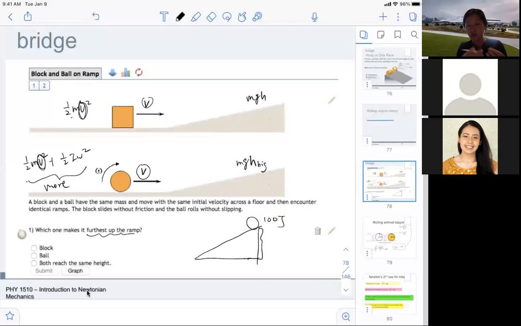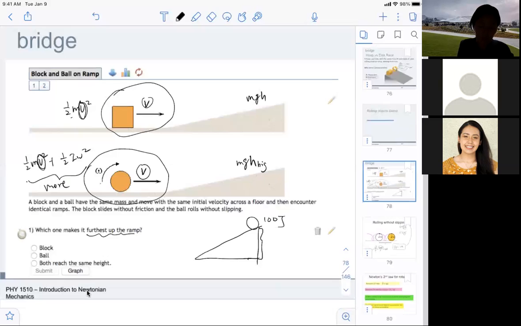The block uses it all as translational kinetic energy. The ball needs to use the same 100 joules between translational and rotational. But this is different. This is not giving the same energy to begin with. You can see for some reason you have given the ball more energy to begin with than the block. So in this case, this is 100 joules, this is more like 150 joules. But you don't care where it comes from. Someone gave them the energy and they use that energy to go up, because it's a reversed order. Does that make sense?